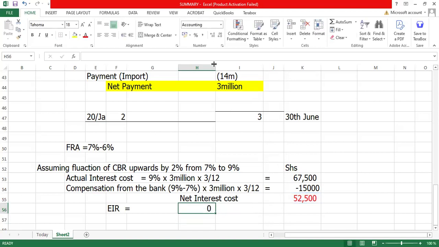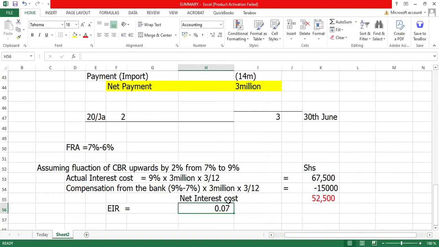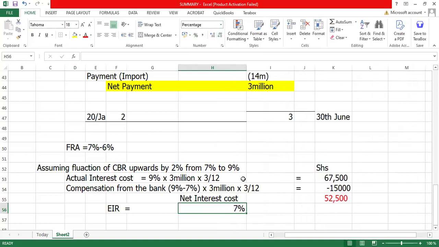Okay. Do you get 7%? Those with the calculator, do you get 7%? Yes, we have 7%.